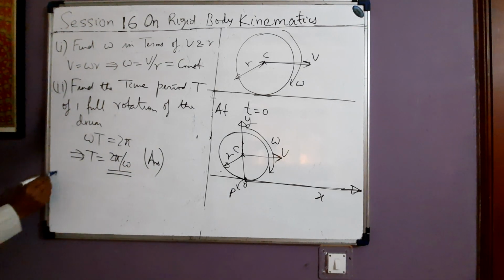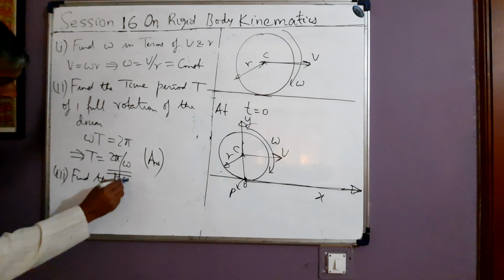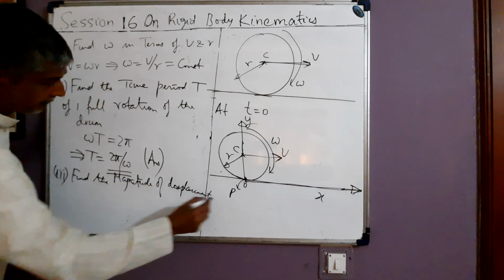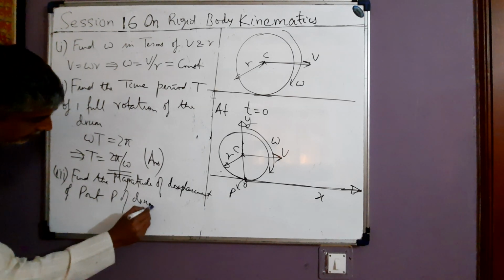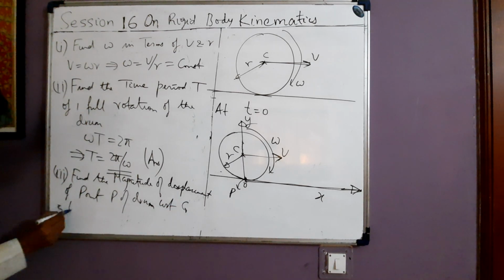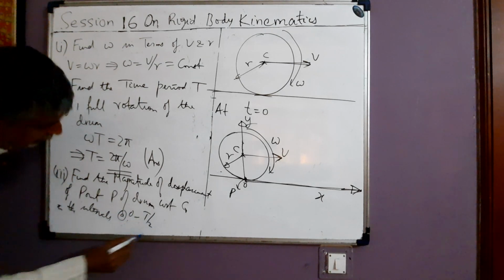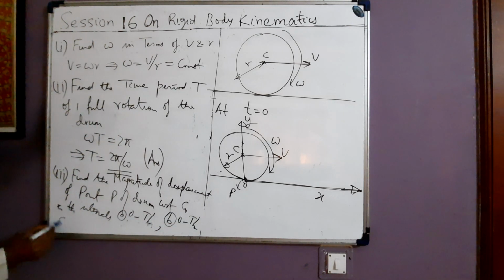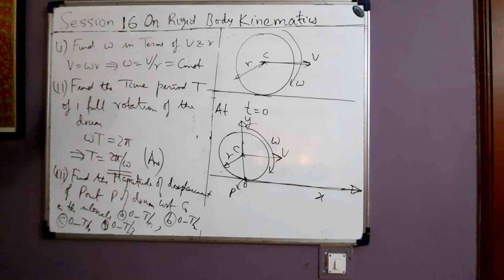Okay, fine. Now the third part is: find the magnitude of displacement of point P of the drum with respect to ground in the intervals: A, 0 to T; B, 0 to T by 2; C, 0 to T by 4; D, 0 to T by 3.